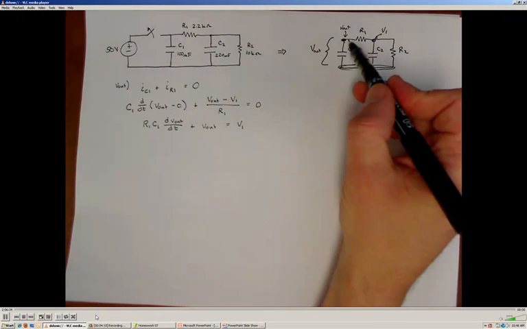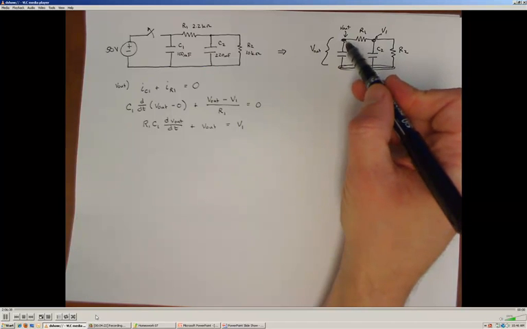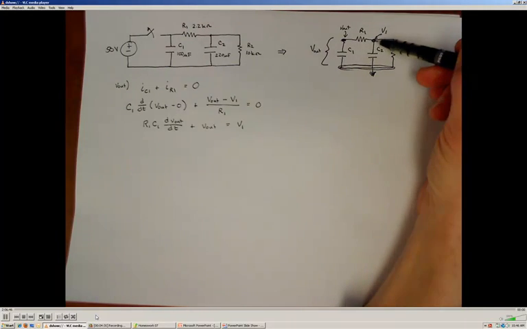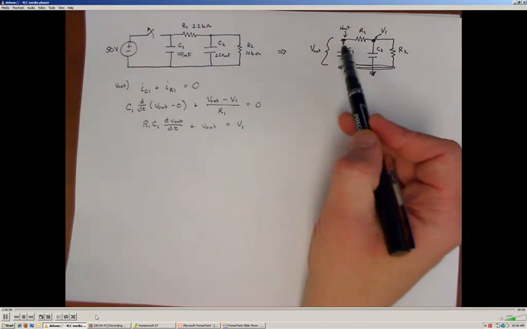That's what we would expect with one energy storage element here and a resistive element leading to V1. But what we have is a case of coupled first-order systems. So over here, since we have a capacitor connected to my V1 node, we're also going to get a first-order equation. But that first-order equation is going to depend upon the V out output voltage.